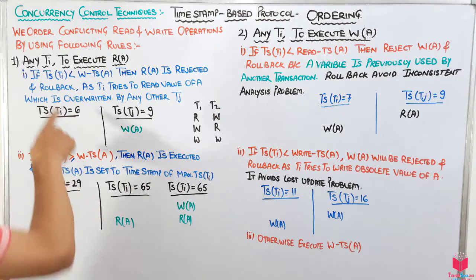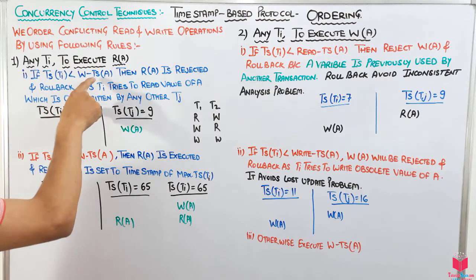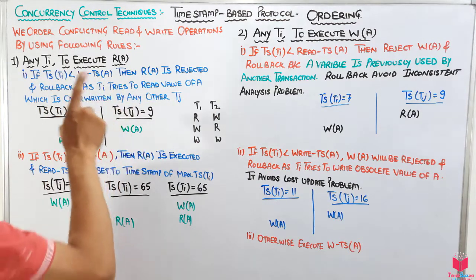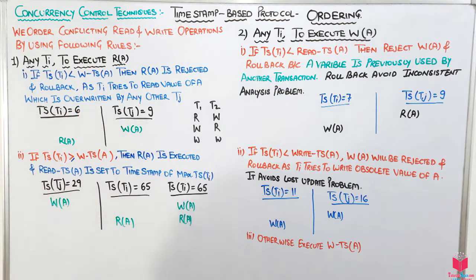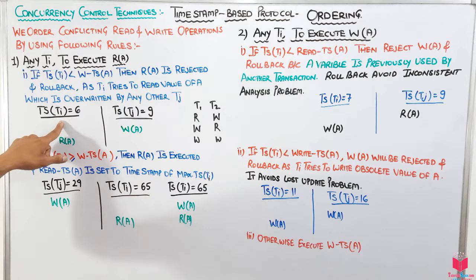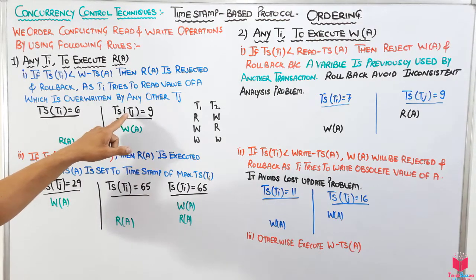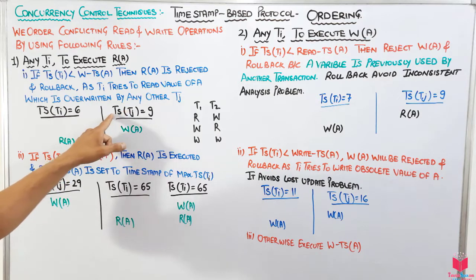Suppose the timestamp of Ti is less than the timestamp of the write operation on the variable. Let's take an example. Suppose we have a transaction Ti whose timestamp is 6, and a transaction Tj whose timestamp is 9.